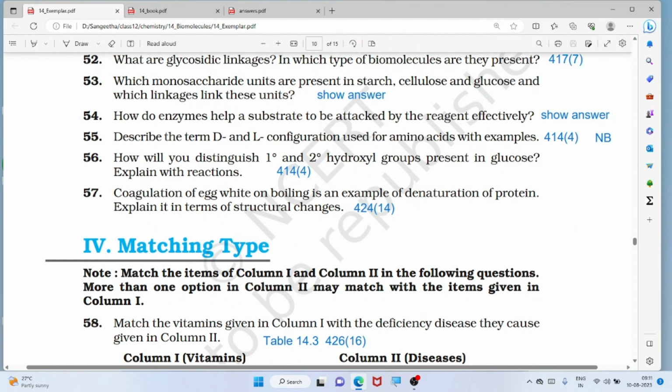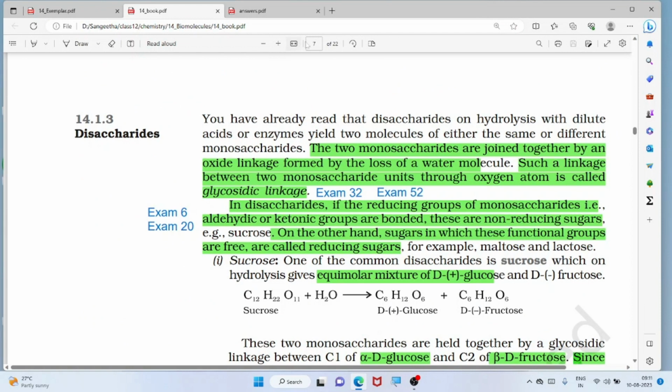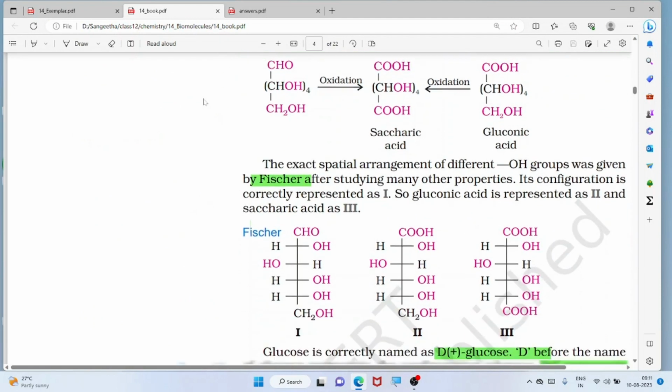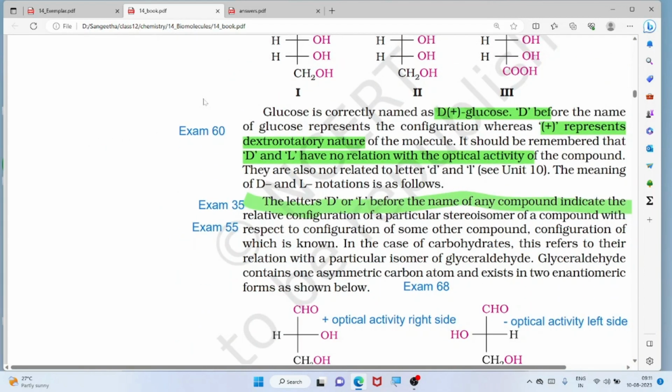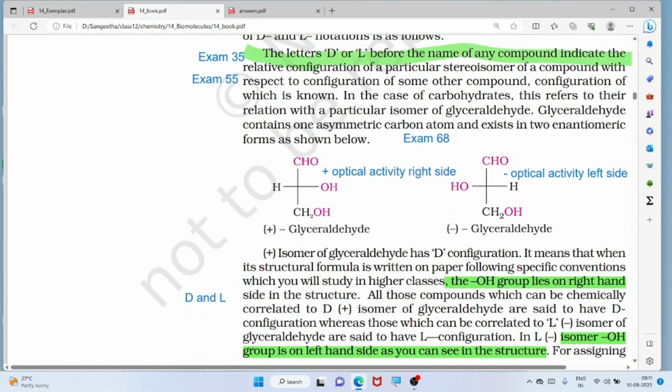Describe the D and L configuration of the amino acids with an example. Okay, this is the D and L configuration. Plus and minus, D and L.